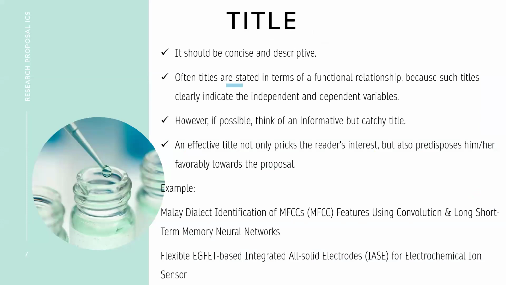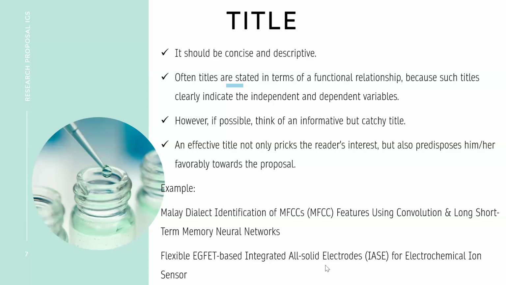An effective title not only piques the reader's interest, but also predisposes him or her favorably towards the proposal. So basically, in your title, you should have the problem, how to solve it, and why you want to solve it.